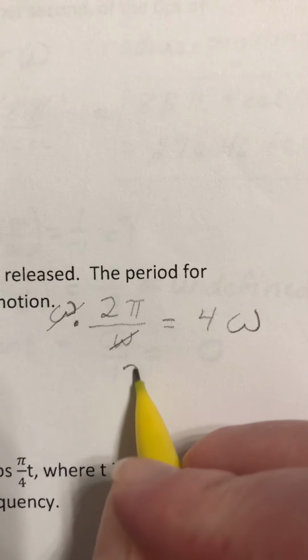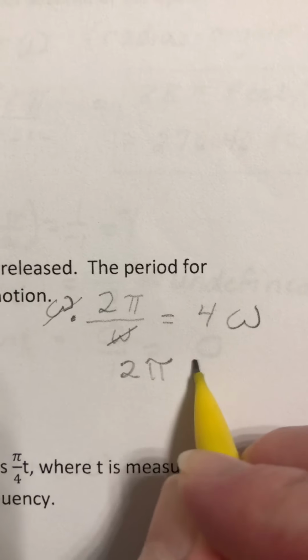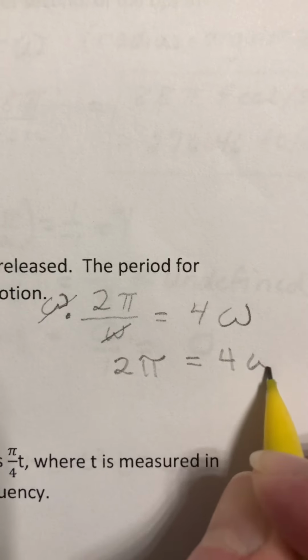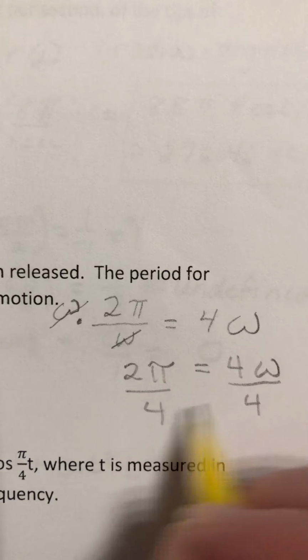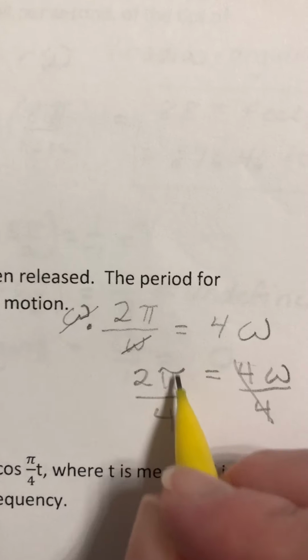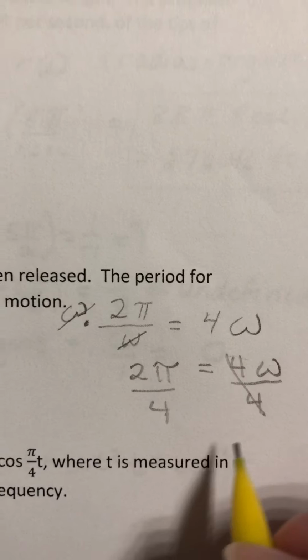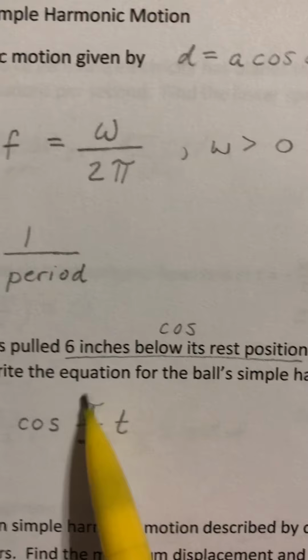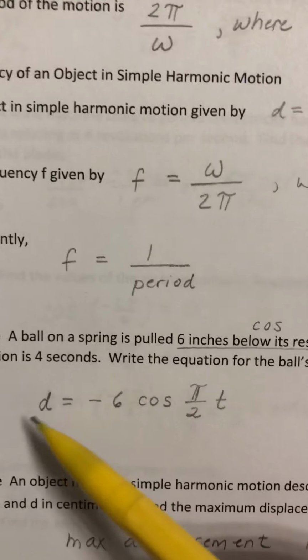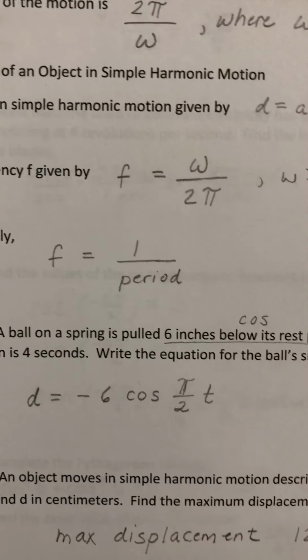That cancels out. So I have 2 pi equals 4 times omega, divide by 4, and then 2 pi over 4 reduces to pi over 2. So omega, which is the coefficient of t, is pi over 2. And that's all you have to do is set up that equation.